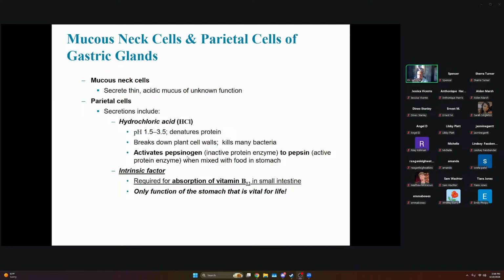That pepsinogen just hangs out in an inactive but ready-to-respond state, okay, until it meets up with hydrochloric acid, all right?